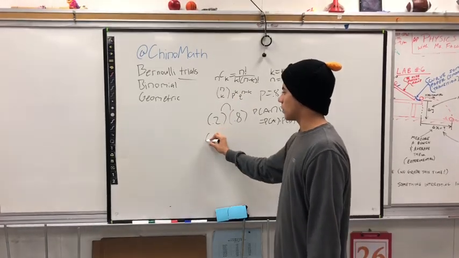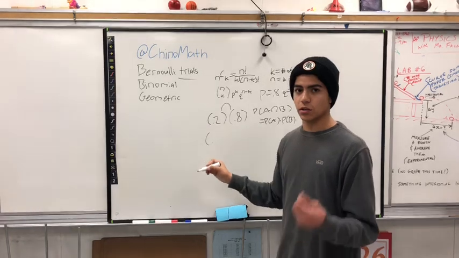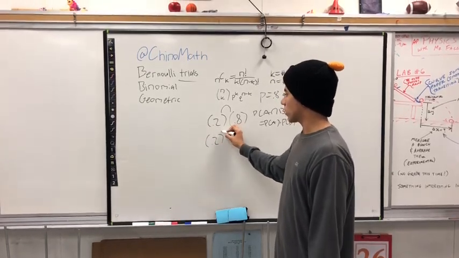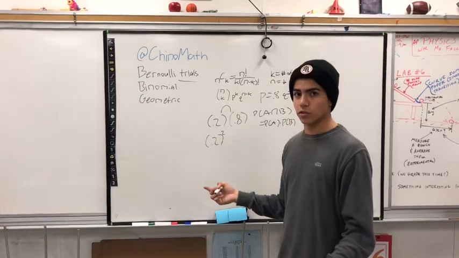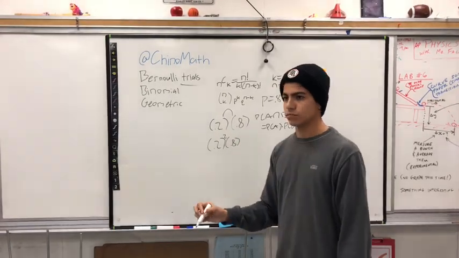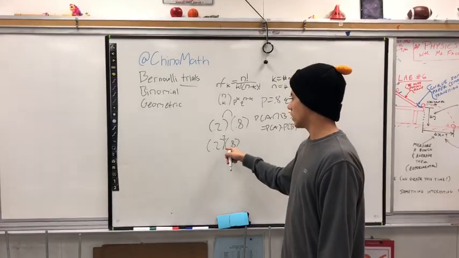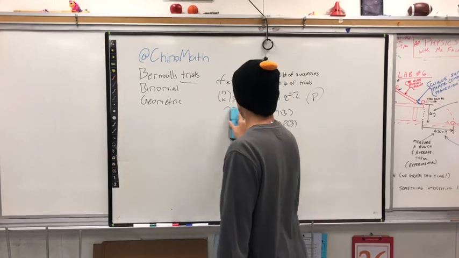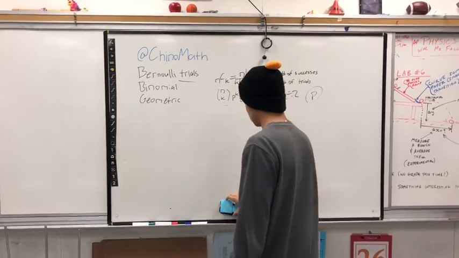And if we wanted the probability of getting our first success on our third trial, we would take the failure and square it. That's 2 failures and a success on our third trial.